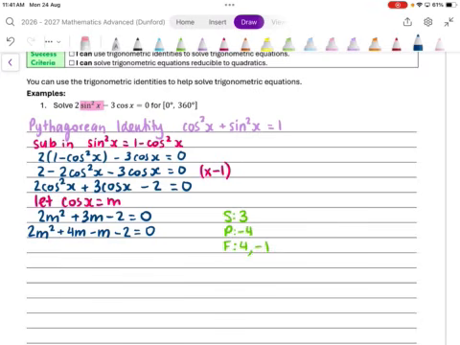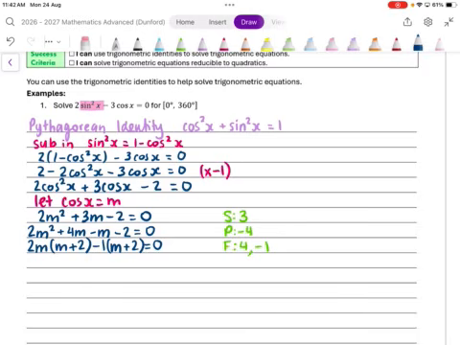So my first pair of 2m squared plus 4m, I can factorise out a 2m, leaving me with m plus 2. And then in my second pair, minus m minus 2, I can factorise out a negative 1 to leave me with m plus 2, equals 0.